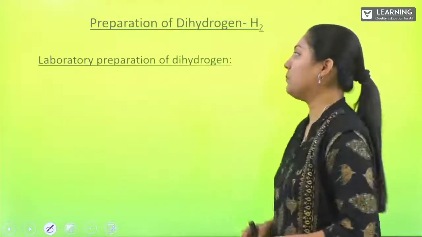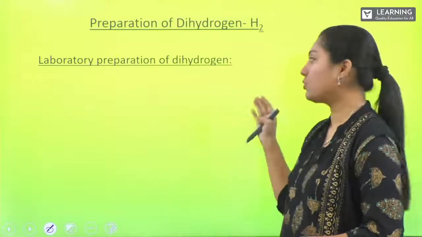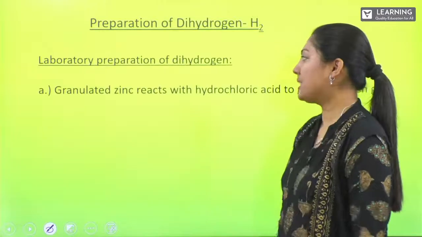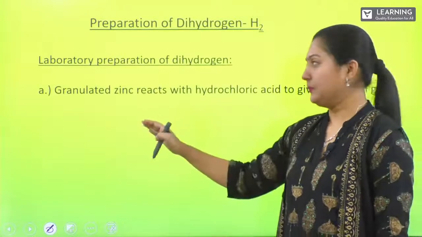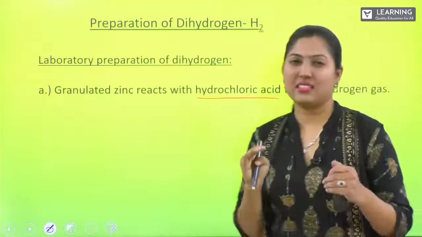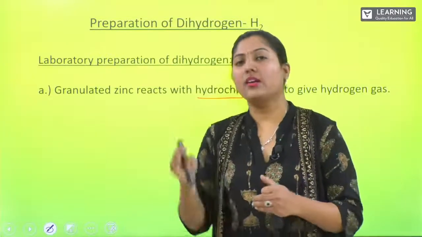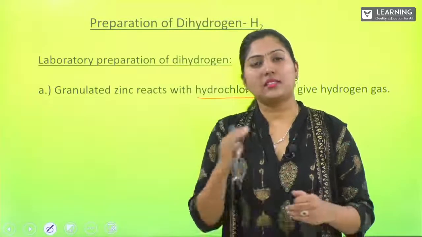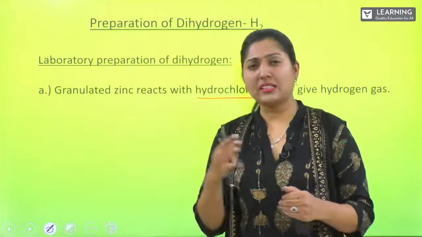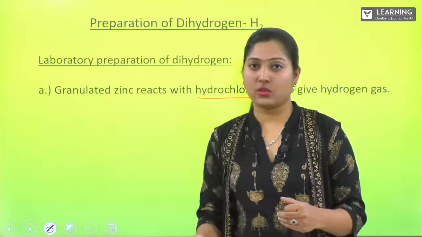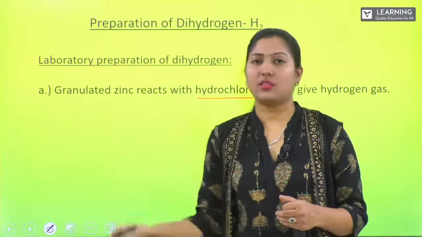So the laboratory process to prepare hydrogen: the first one is granulated zinc which reacts with acid. Students, we know that when metals react with acid, hydrogen is released. When non-metals react with water, hydrogen is released. When metals react with hydroxides, that is bases, hydrogen is released.